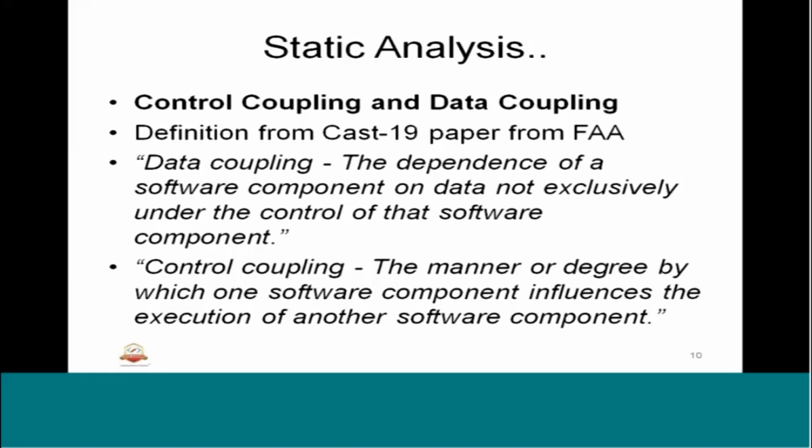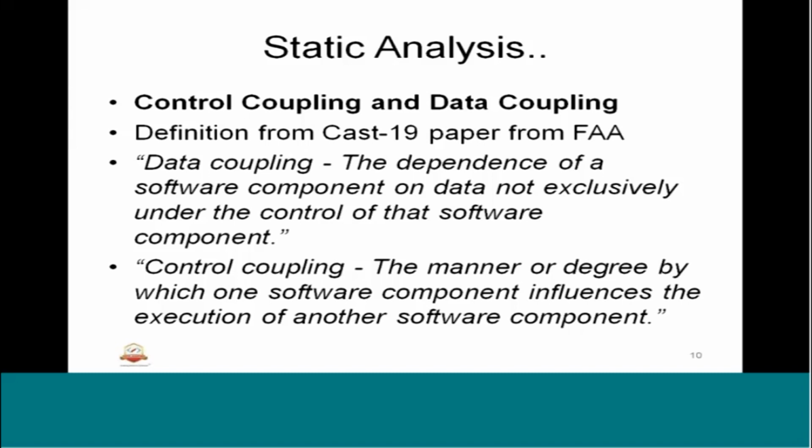How the data is being coupled between these components is what is analyzed in data coupling. And control coupling is the manner or degree by which one software component influences the execution of another software component.